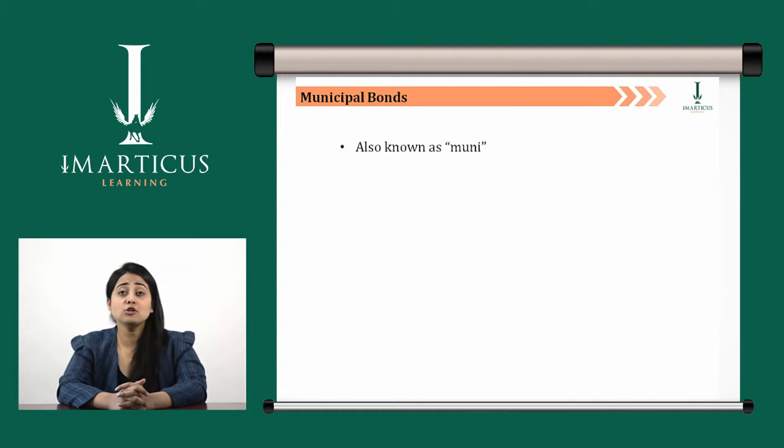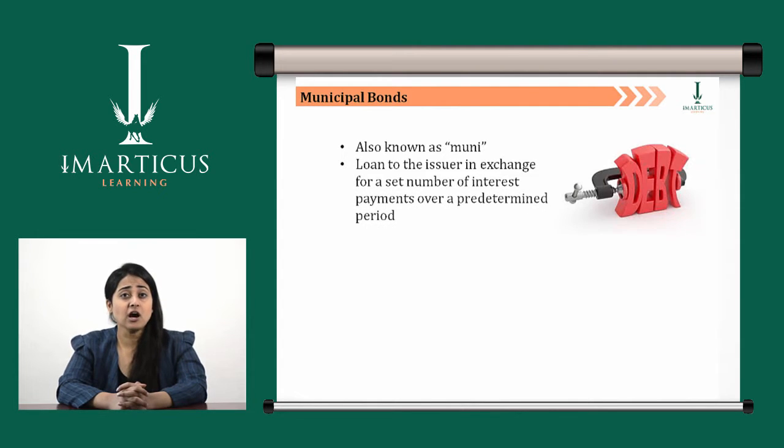When you buy a municipal bond, you are giving a loan to the issuer in exchange for a set number of interest payments over a predetermined period. At the end of that period, the bond reaches its maturity date and the full amount of your original investment is returned to you.